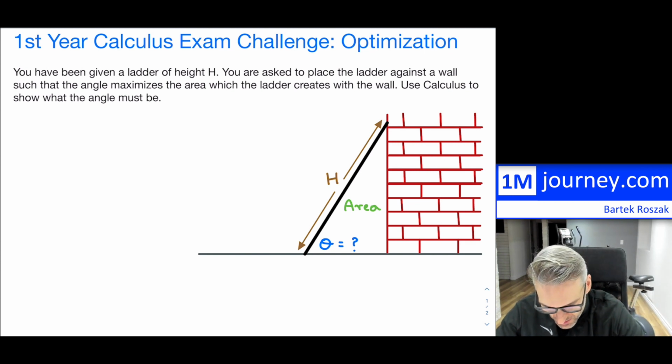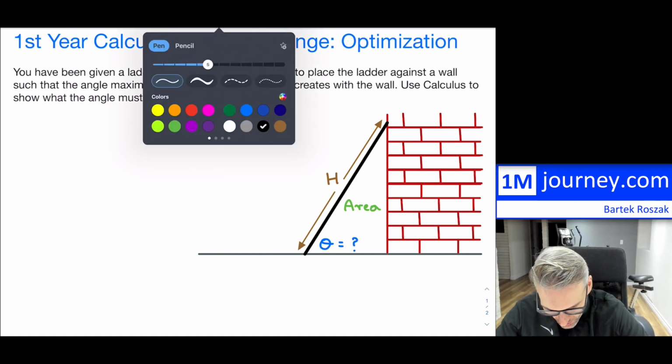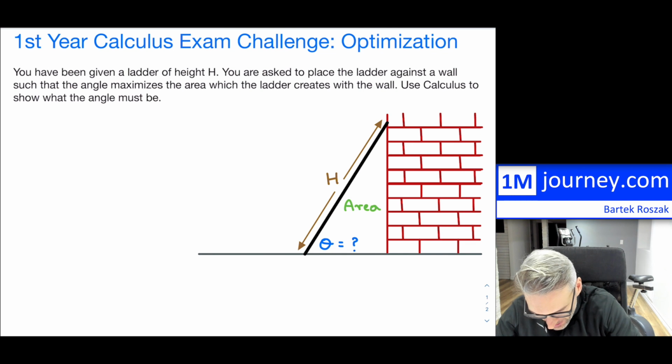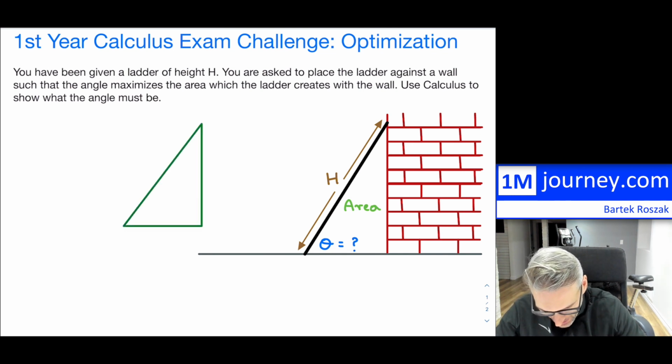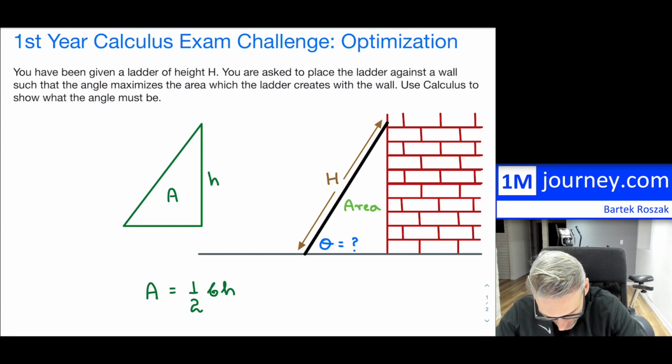So basically this problem boils down to the following. You are creating this triangle, and you're trying to maximize this area right here. We know that the area of a triangle is just 1/2 base times height. Now the height right here, going up in this direction, I'll assume that is the height.